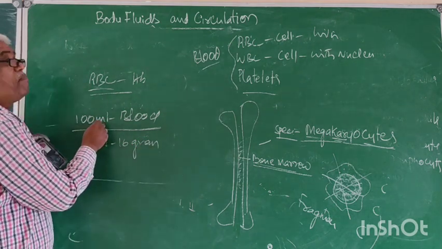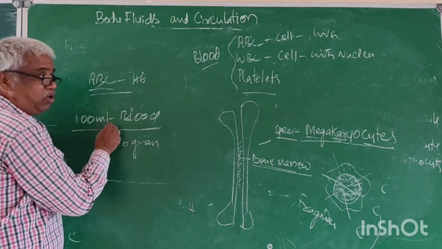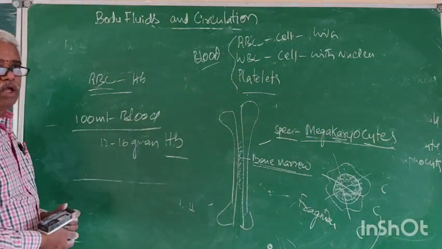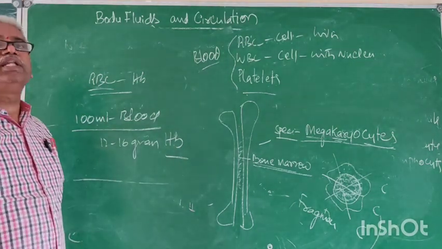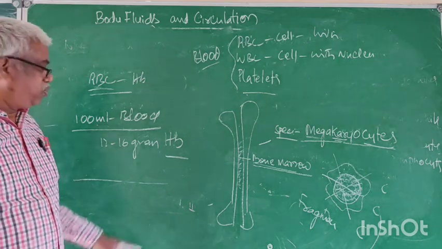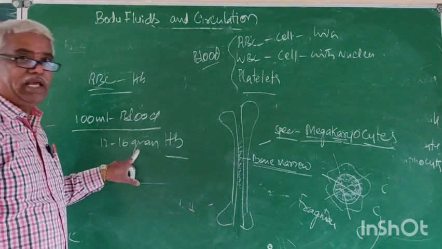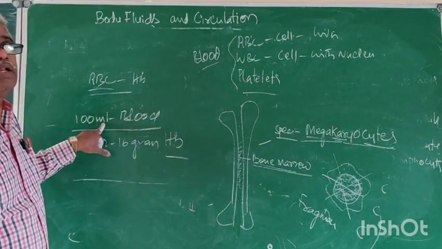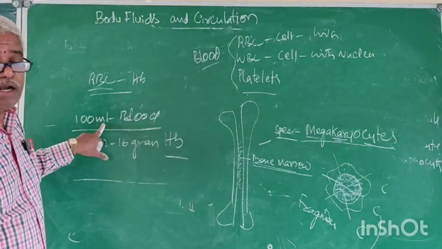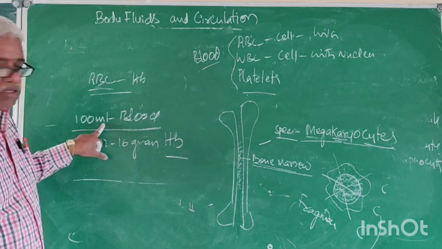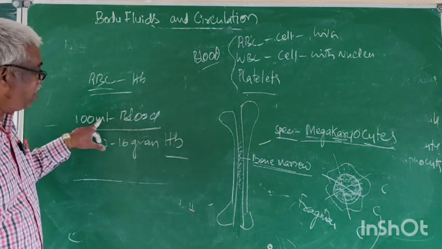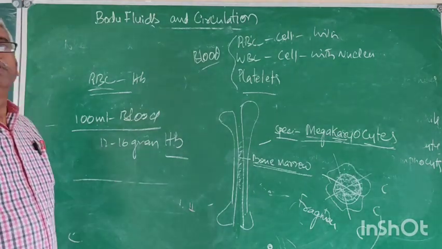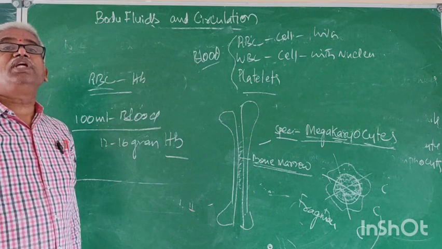Hemoglobin is HB. What is the quantity of hemoglobin in a healthy person? When asked, you should state the units of hemoglobin and the units of blood. Here the unit of blood is ml, not liters. So in 100 ml, HB is 12 to 16 grams. This is the percentage of hemoglobin in a healthy person.